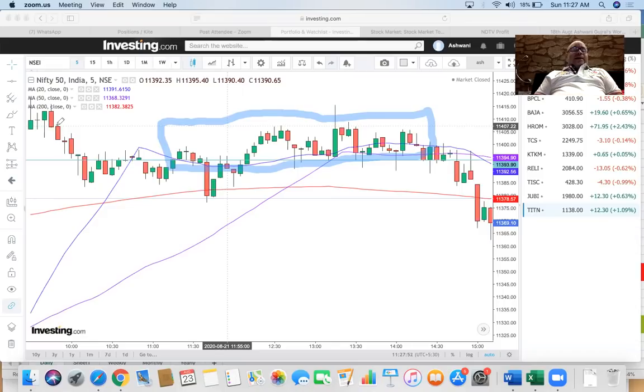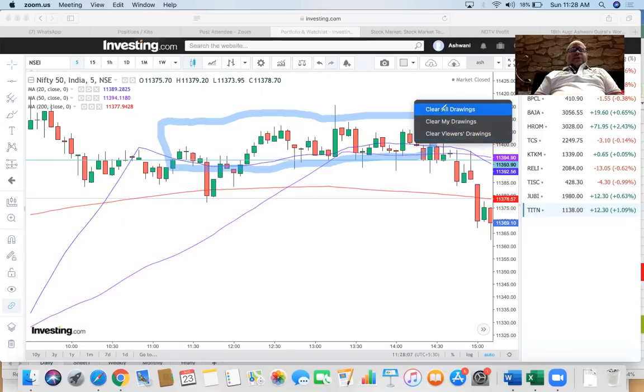You can go back and check. Again, what is the congestion zone on the other side, which is the downside?